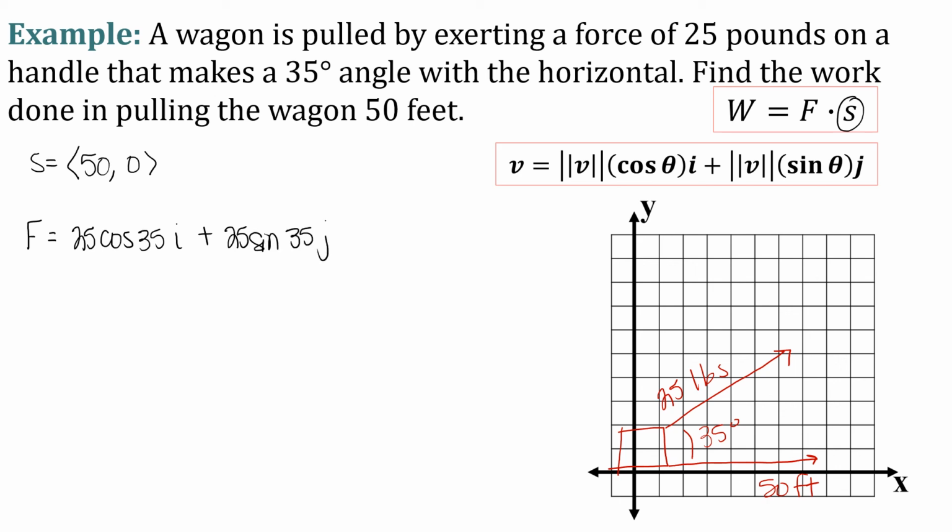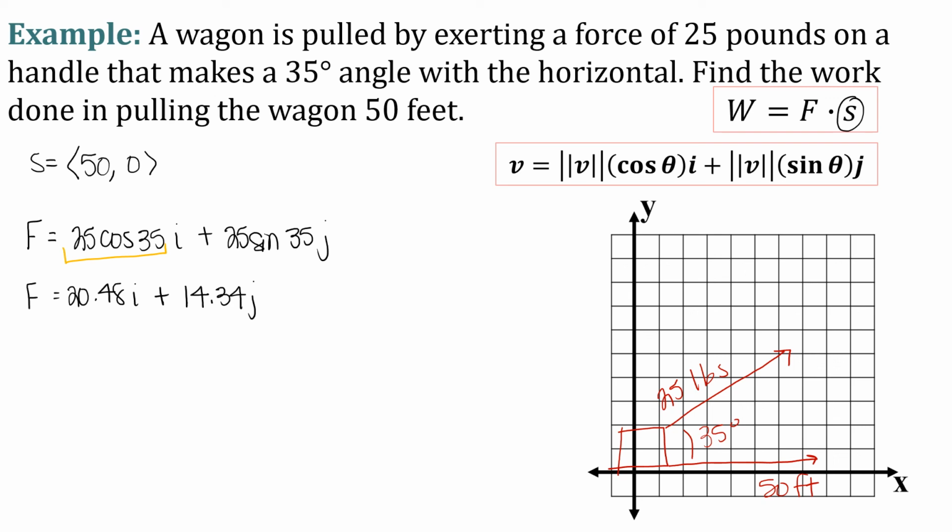Okay, so once again, I need to plug in 25 cosine of 35 with my calculator in degree mode, and I'm going to get 20.48i. And then I have 25 times sine of 35, and that is 14.34j.